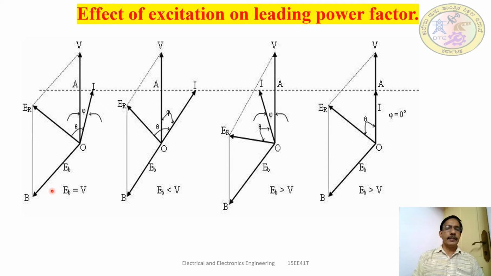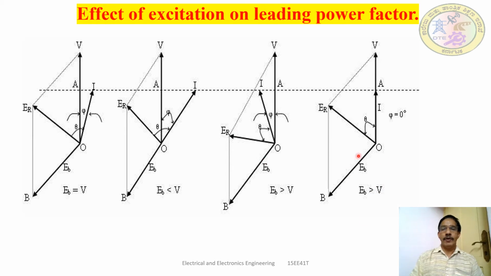If you increase the excitation, that means the DC supply value, back EMF increases in the stator winding, armature winding. So if you decrease this back EMF, EB less than V, current increases but power factor angle also increases, so power factor decreases, more lagging.